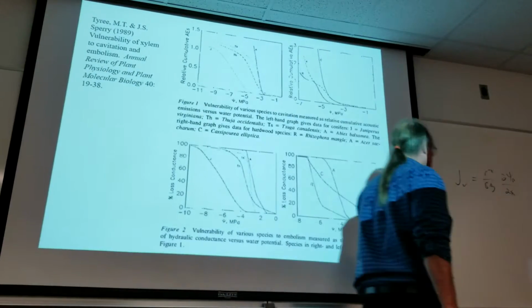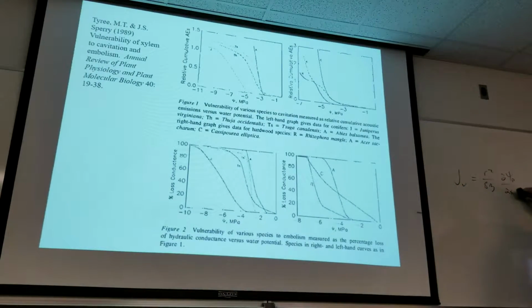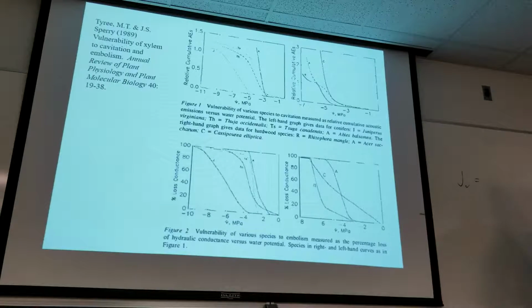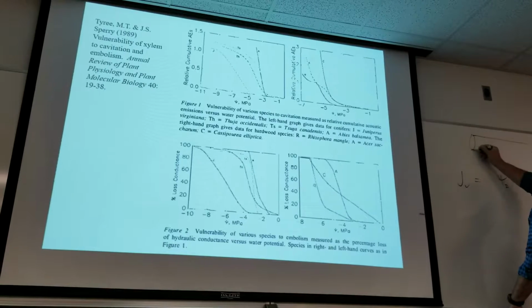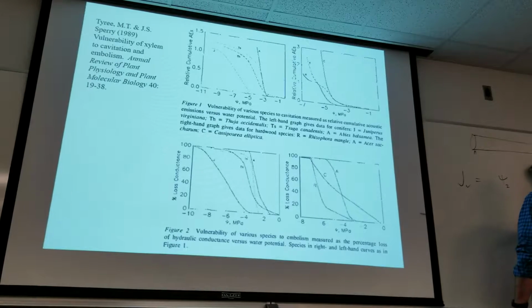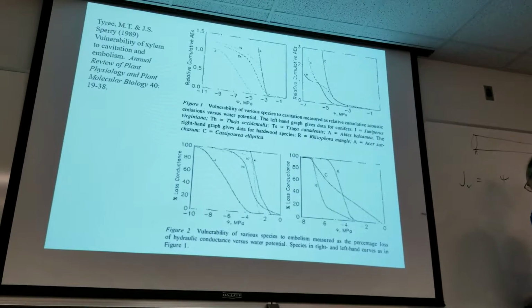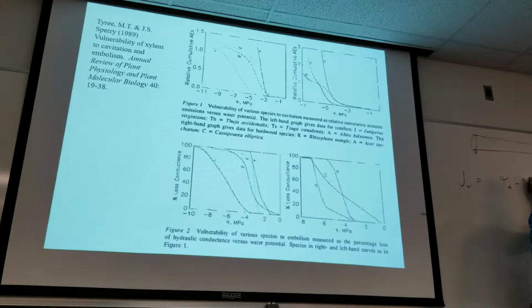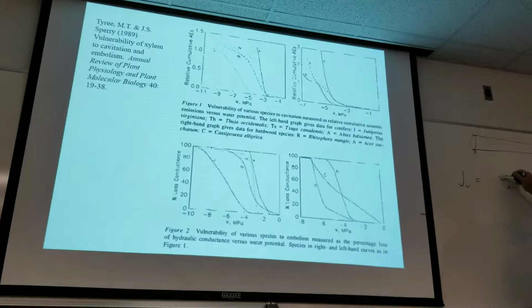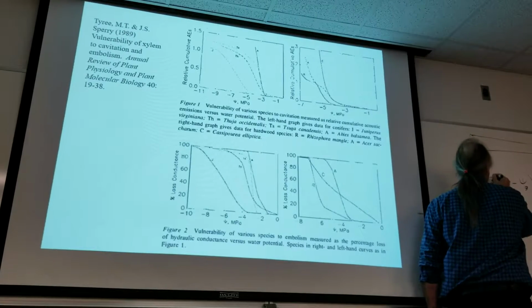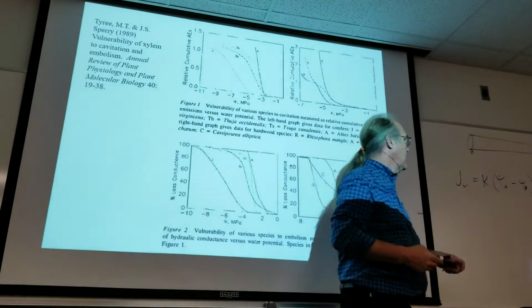You can measure it by, okay, so we take this water flow equation. If we have a water potential, we take a piece of a stem like this, and let's call it A and B. We take the difference in the water potential between these two points and measure a flow rate.